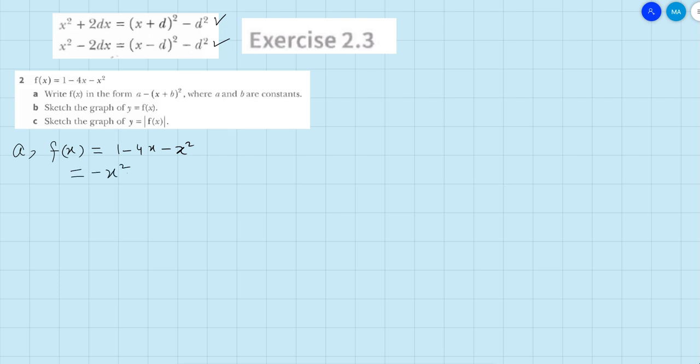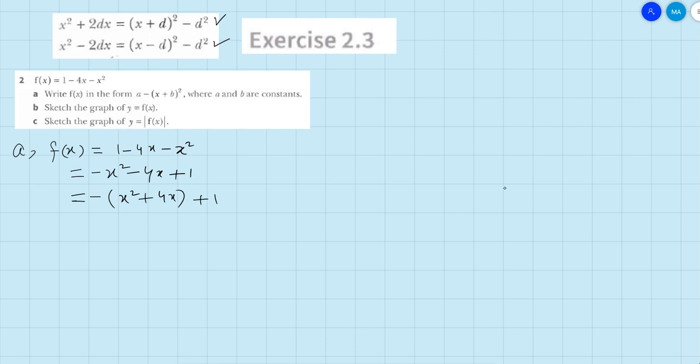So this is minus x square, this is minus 4x, this is plus 1. The second step is take minus sign common because we have to maintain the square term positive only. So taking minus from these two terms, this is minus (x squared plus 4x), and this plus 1 remains plus 1.